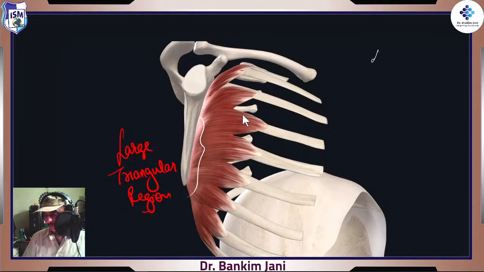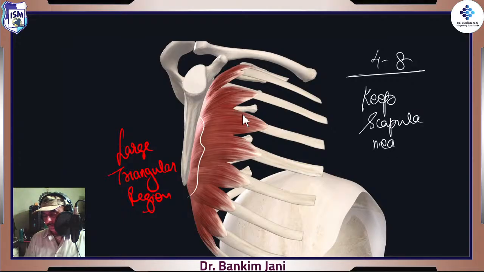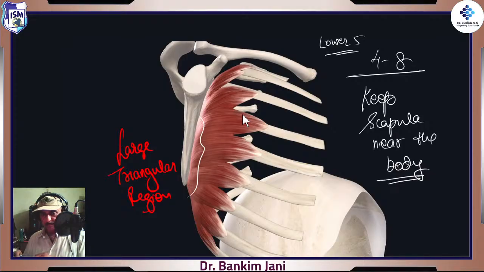Digits 4 and 8 are important because they keep the scapula near the body. So these 4, 5, 6, 7, 8, the lower 5, that's their importance, that they keep it near the body, and digits 1, 2, and 3 are for the carrying of the weight.